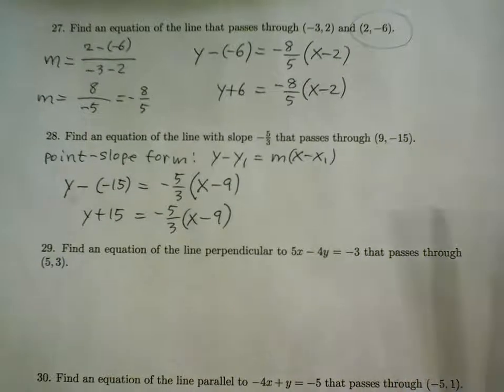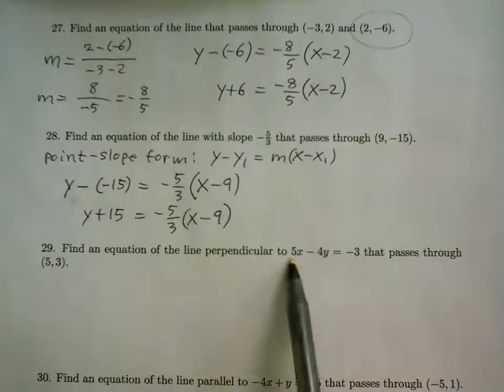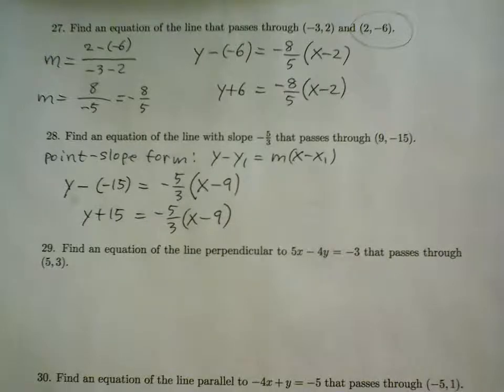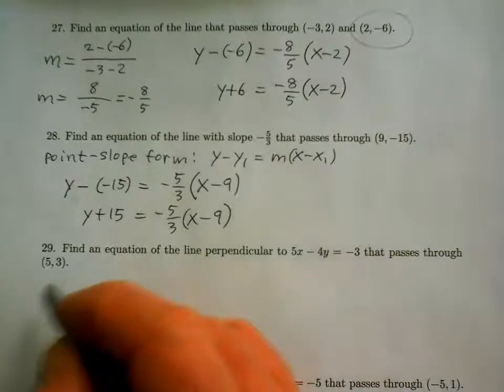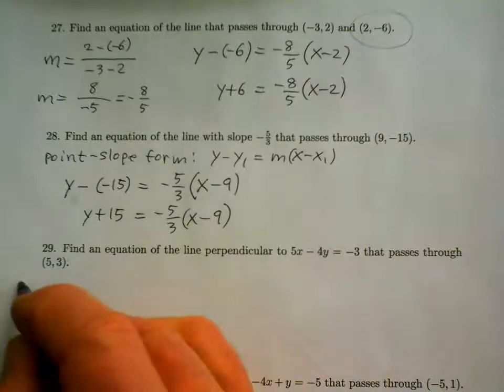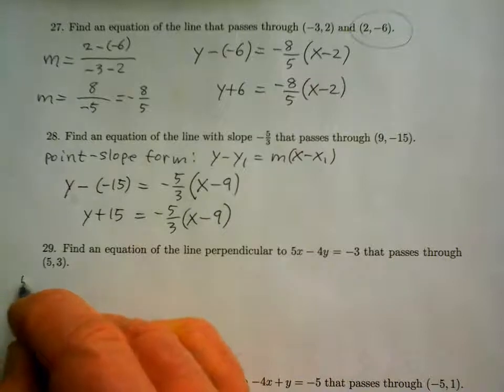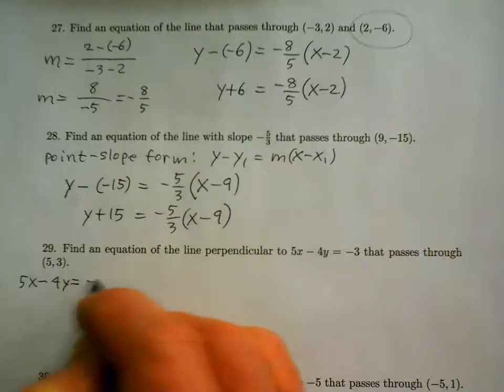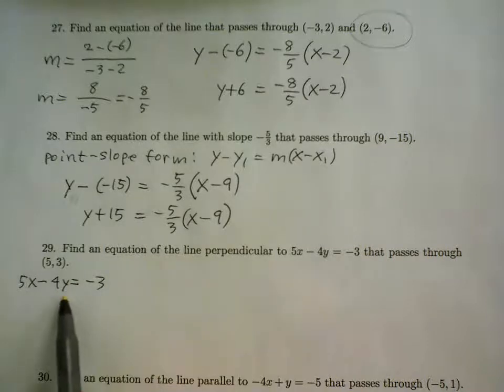Okay, we need to find the slope of this line, 5x minus 4y equals -3, and then we use the negative reciprocal of that for the line that's perpendicular to the given line. Okay, so I'll write the equation of the given line, 5x minus 4y equals -3. We want to find the slope.